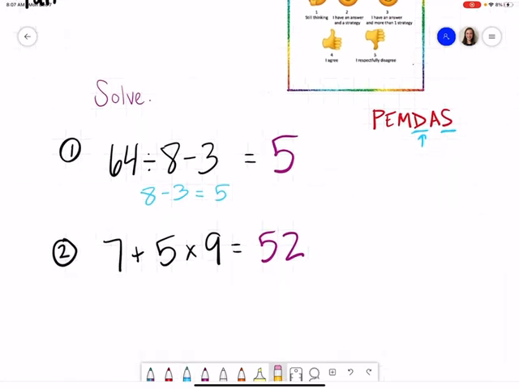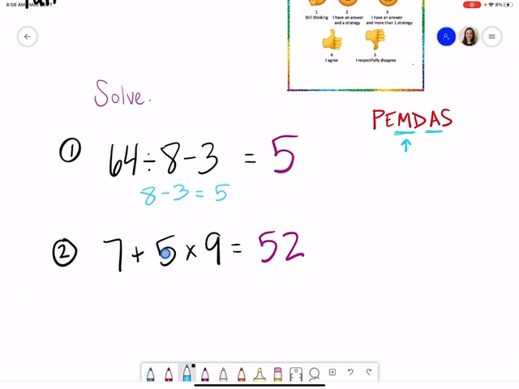Now I'm going to move to the next one. Here I'm looking at what two operations? Addition and multiplication. Which of these needs to come first? Multiplication.